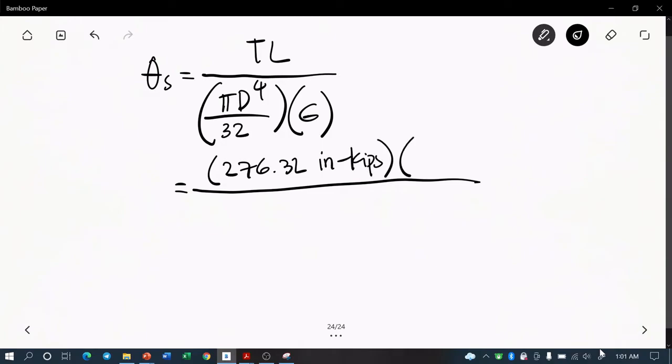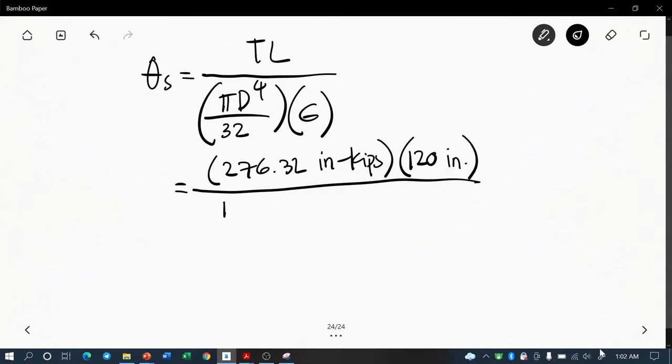The length is 10 feet. For uniformity of units, I'll multiply it by 12 so that we have a unit of inches. So 10 feet is going to become 120 inches.